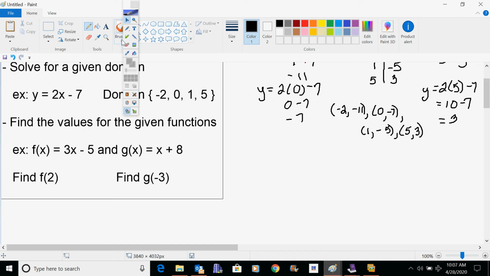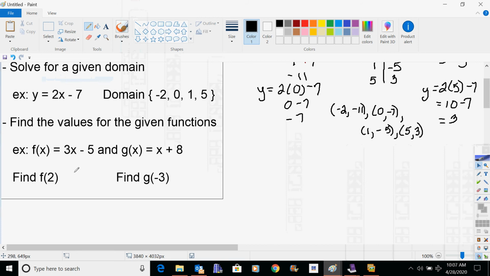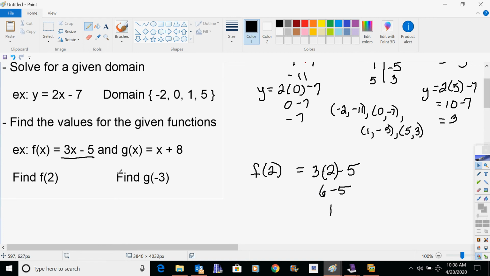So here, if you have the f function, and you're supposed to be finding the value of f of 2, that just means you take this right here and do 3 times 2, if you remember, minus 5. So 3 times 2 is 6 minus 5, which gives you 1. So your answer to this question would be 1.